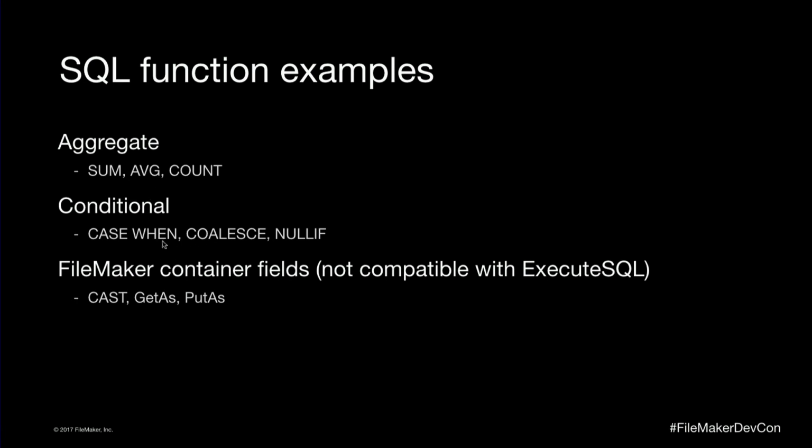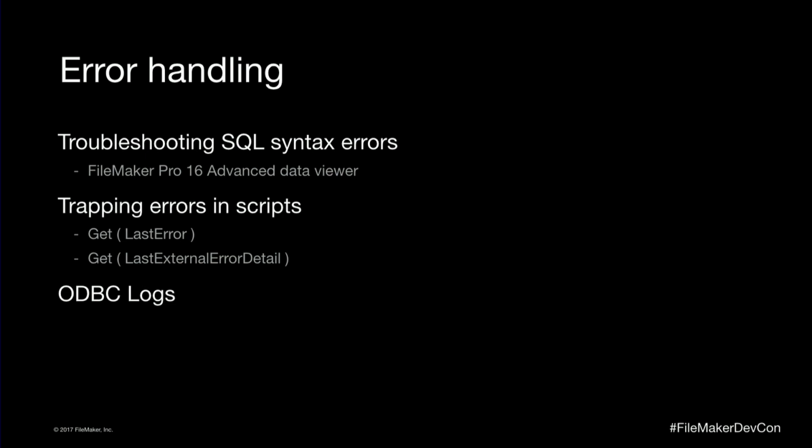There are some conditional or logical type functions that let you do case, much like an if, to combine values together or pick a value that's not null using coalesce. There are some container field functions. These do not work with the execute SQL function inside of FileMaker, but if you're using ODBC or JDBC, these functions allow you to work with that binary data in your container fields.